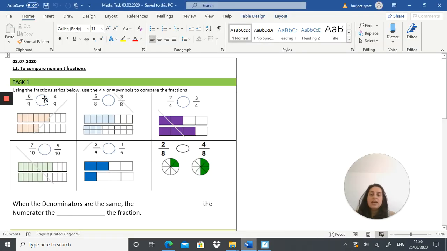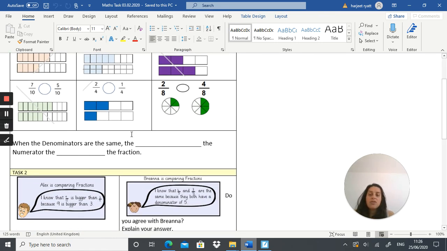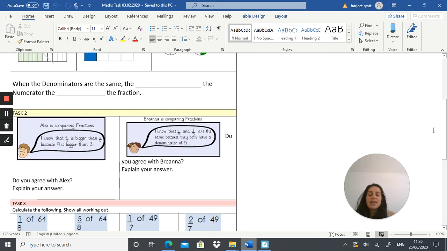So task 1 is asking you to compare these two fractions, and you've got diagrams to help you. And then at the bottom of task 1, you need to fill in the missing word sentence stems. Hopefully you should know this because we've been covering it for 2 days. Task 2 says Alex is comparing fractions, and Alex says, I know that 9/12 is bigger than 3/4 because 9 is bigger than 3.